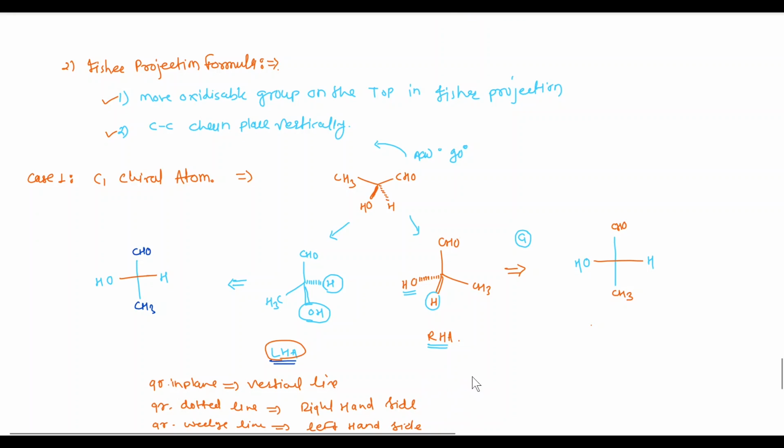Similarly, the same rules apply for the right-handed angle type of molecule. The groups in the plane or on the plane, we have to write on the vertical line. Second case, the group which is shown by the dotted line, we have to write on the left-hand side on the horizontal line.